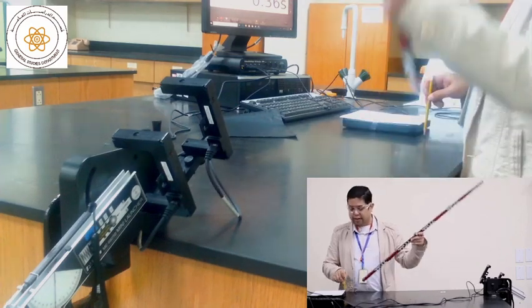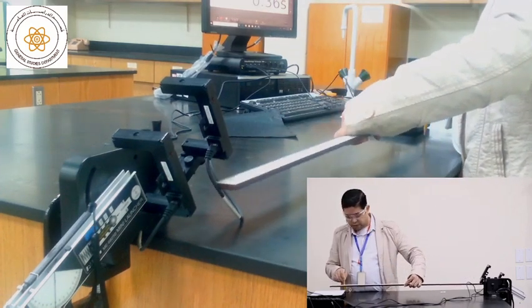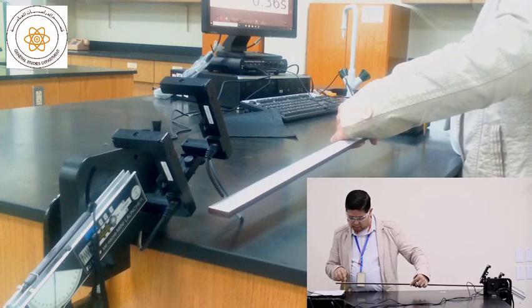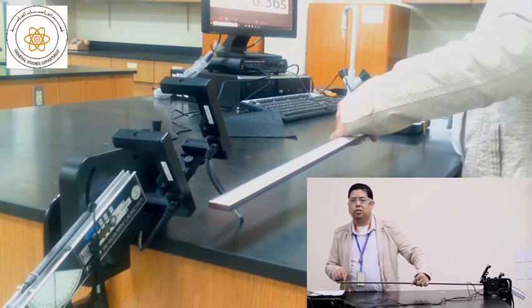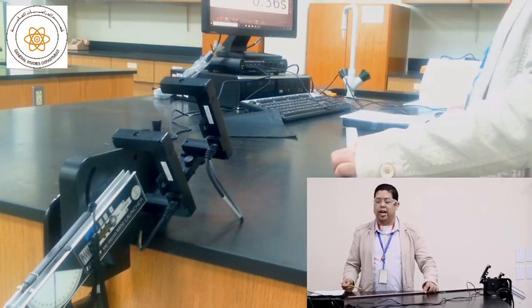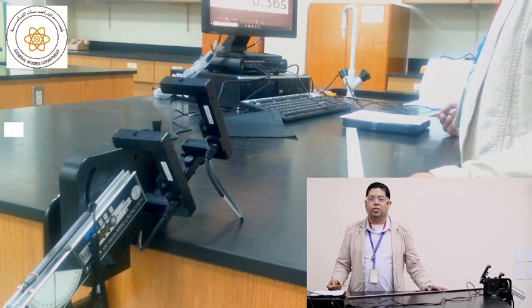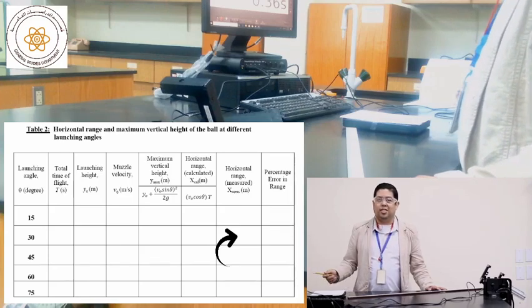And then from there, just continue measuring until you reach your 30 degrees. In this case, I will have to add 5 centimeters. So the horizontal range at 30 degrees is 105 centimeters. Record that in your data sheet.